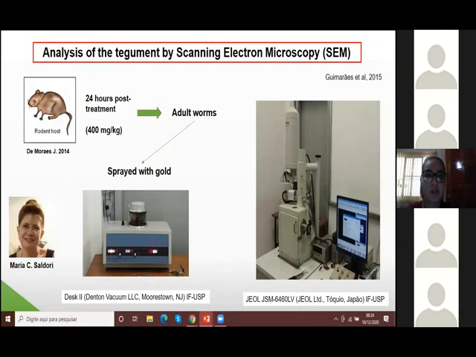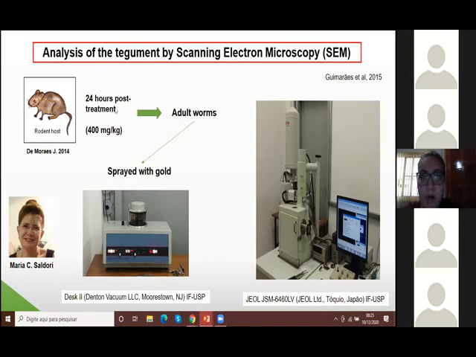We also analyzed the tegument of the worms by SEM. We made it in collaboration with Professor Maria Cecilia Salvatore. We infected 3 mice and treated them with 400 milligrams per kilo.